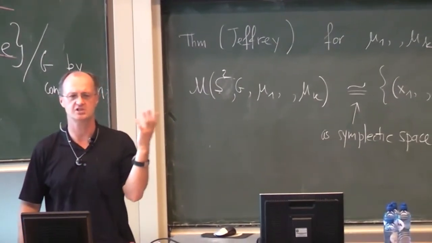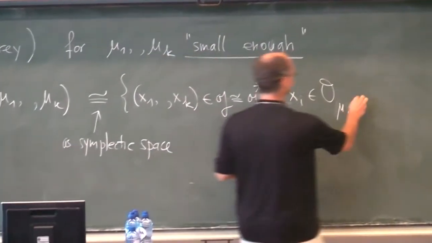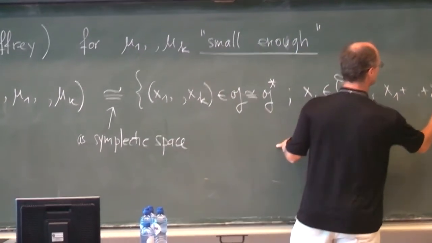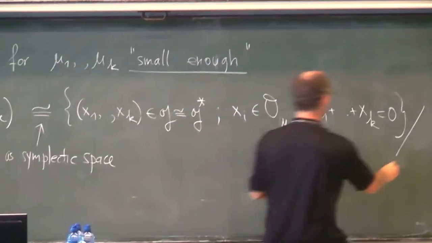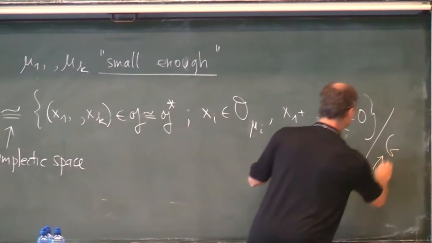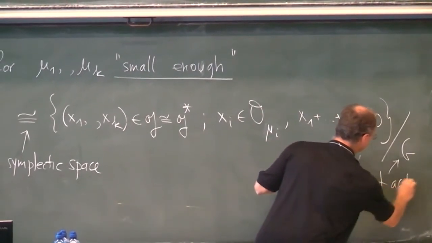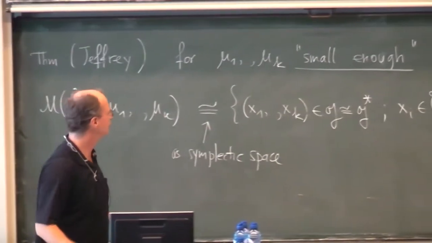That's because of this scalar product that I have on the Lie algebra. And I require x_1 plus ... plus x_k to be 0, and I divide by the adjoint action.